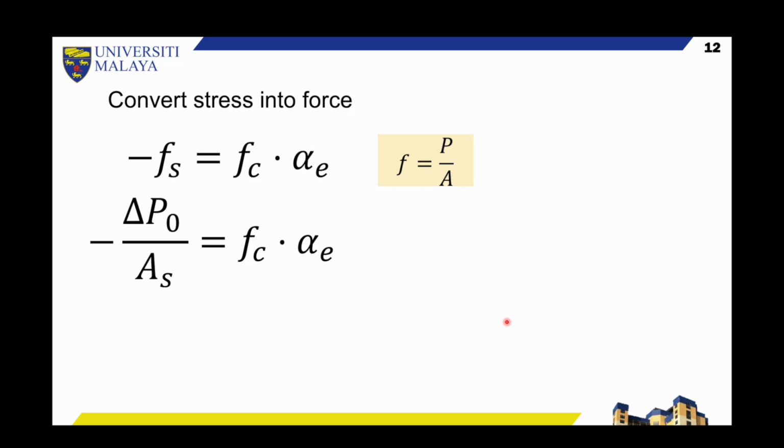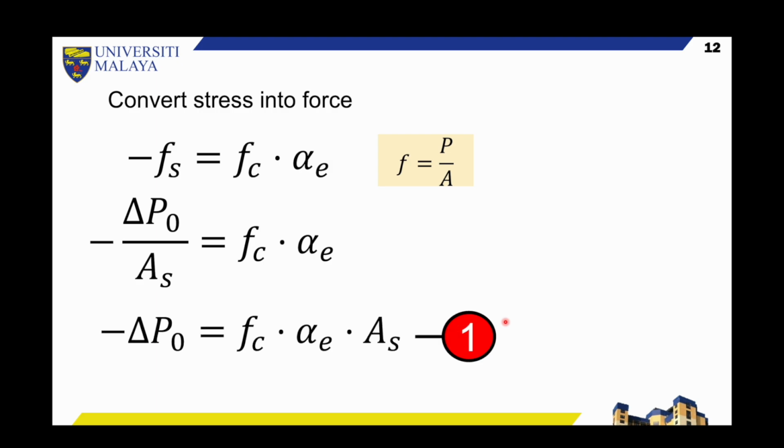So that's the change in the initial pre-stressing force, how much it's been reduced due to that strain action, the change in the length, that elastic deformation there. So replace that, and you rearrange some of the factors to get delta P naught, and we label this as equation 1.